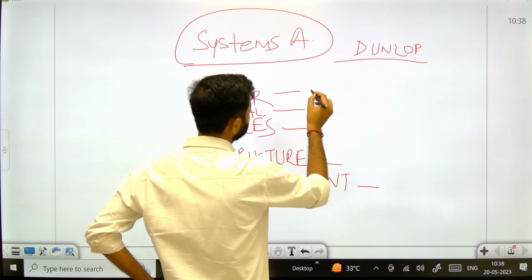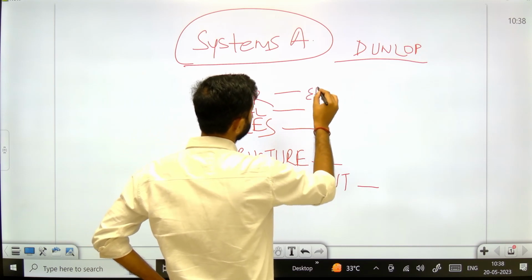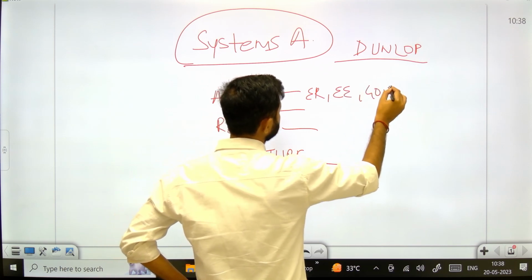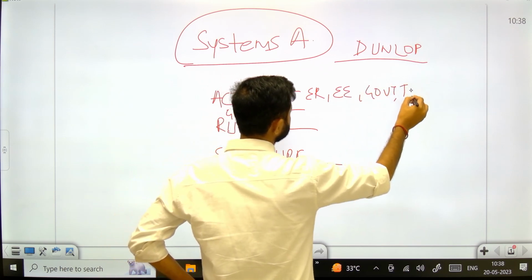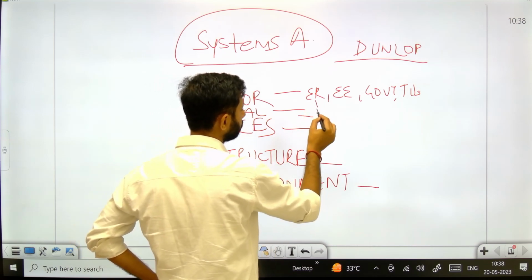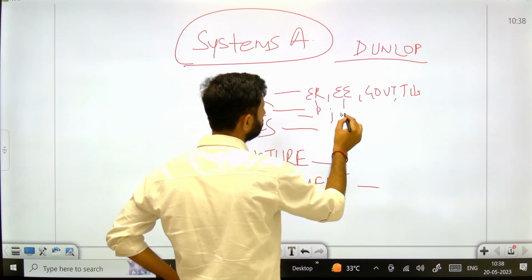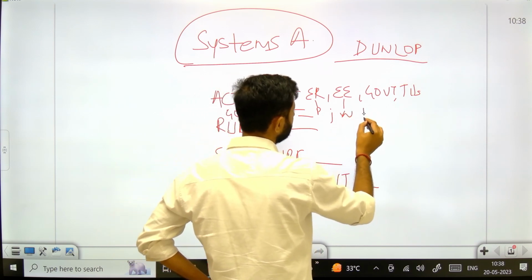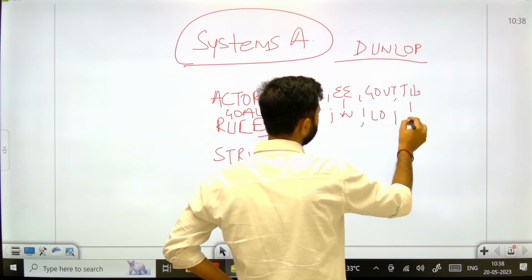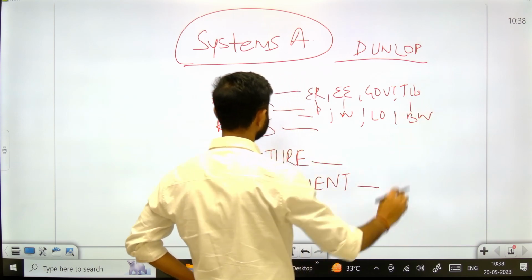Actors, we all know: employer, employee, government, trade unions. What are their goals? This we have also discussed. Employer wants profit, employee wants wages and good working conditions, government wants proper law and order, trade unions want benefits of workers.